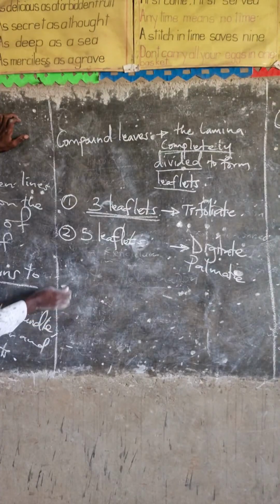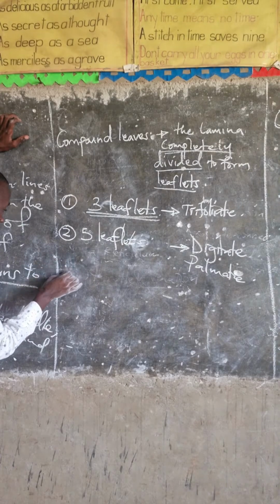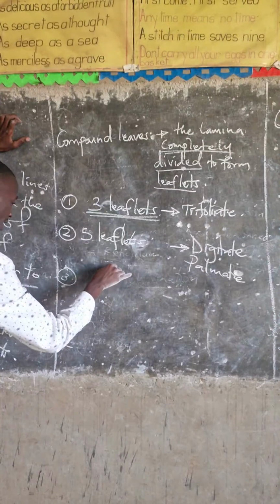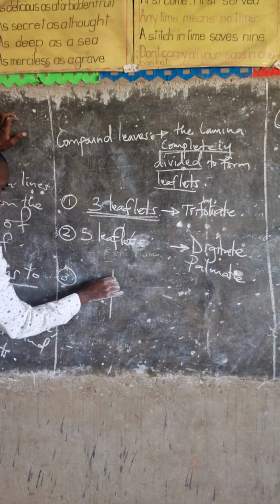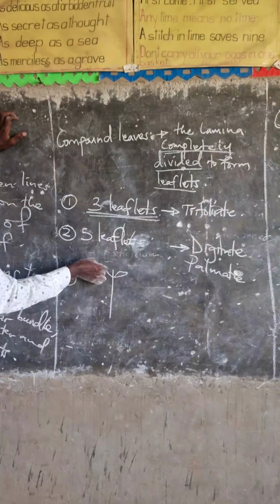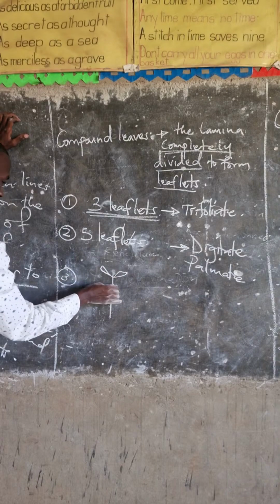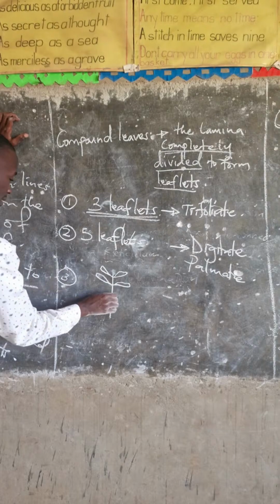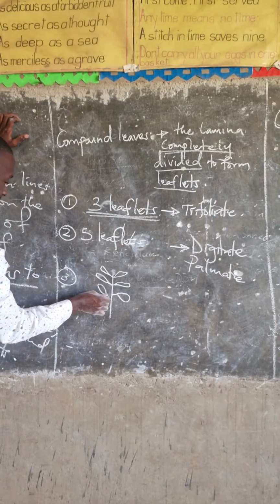The third type is where the leaf lamina is divided completely to form leaflets arranged on the midrib, either opposite to one another or alternating with one another like this.